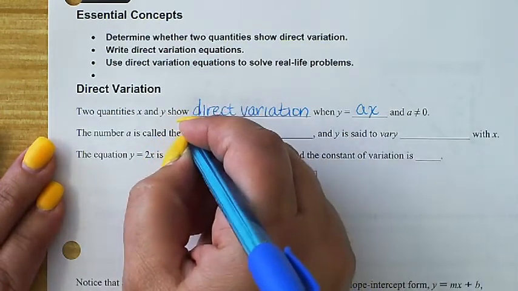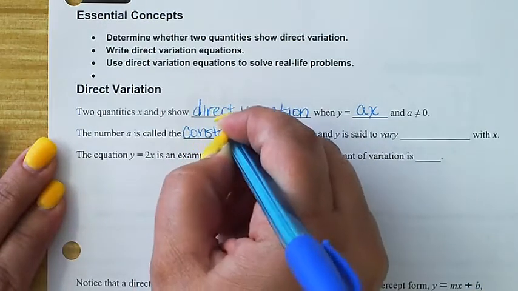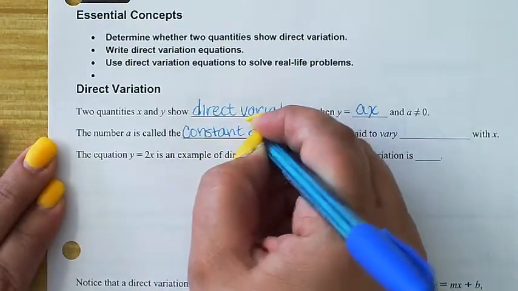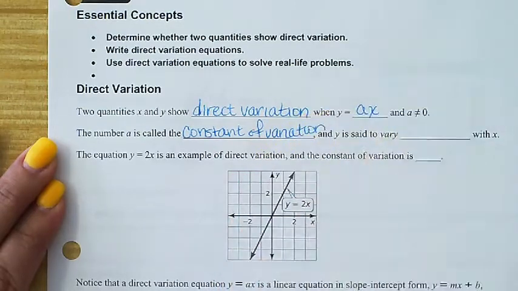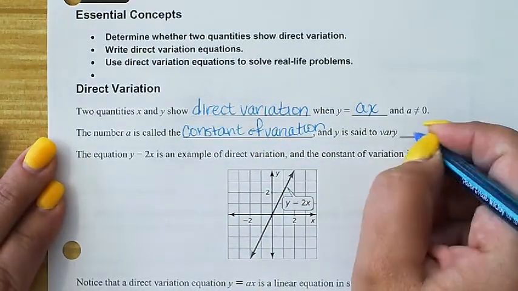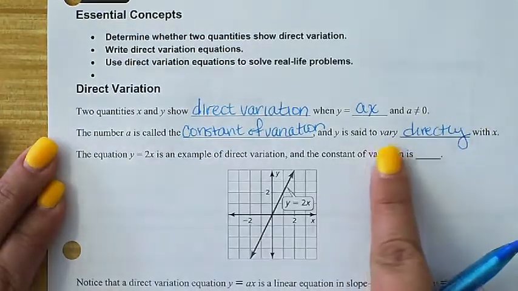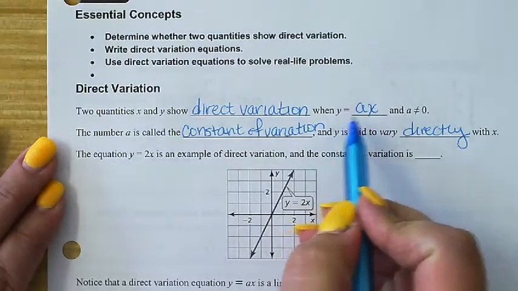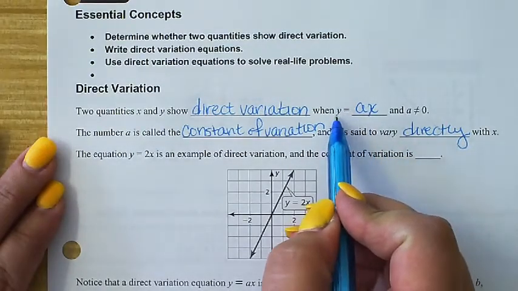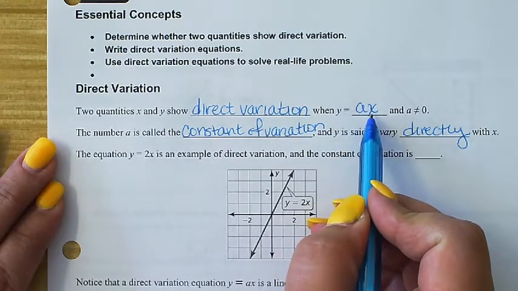And now we're going to call it the constant of variation. And y is said to vary directly with x. So anytime you hear me say, this variable varies directly with the other, you know it's going to have this type of relationship where your output is essentially just some constant times your input.